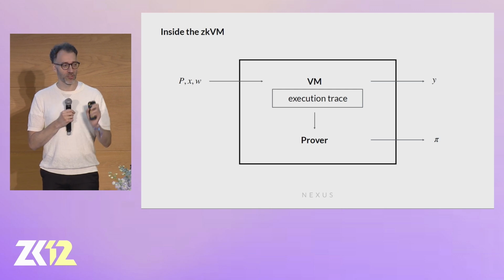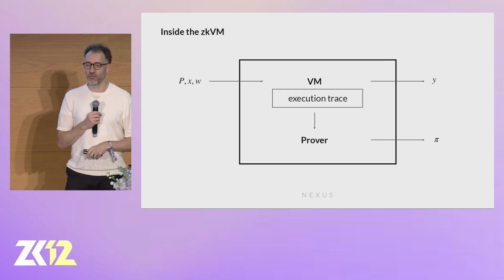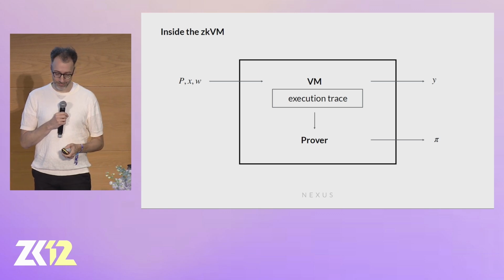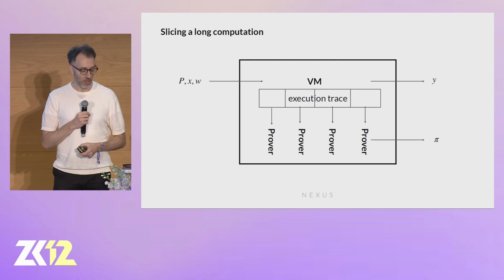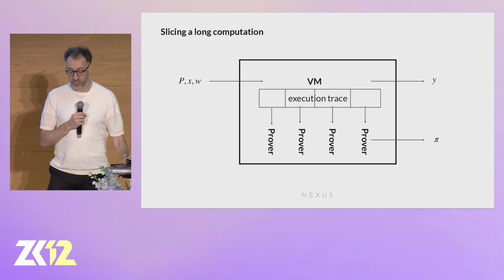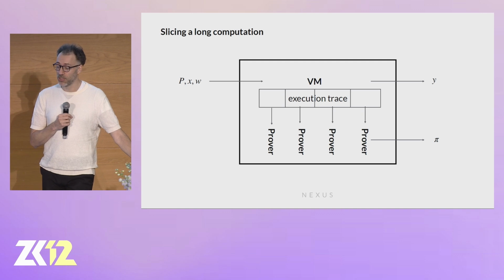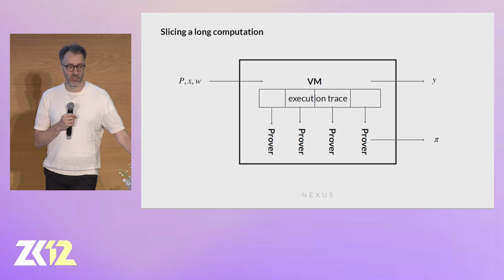So every step in the execution trace corresponds to a correct execution of an instruction. Those execution traces may be big, and computing proofs is an expensive operation. So one strategy could be that you would want to slice that up and you would have multiple provers, many machines that are proving that this execution trace is correct.